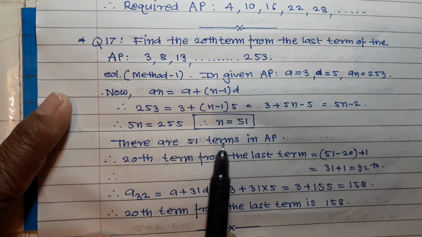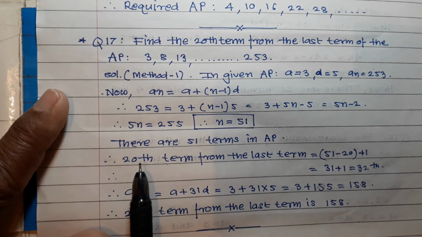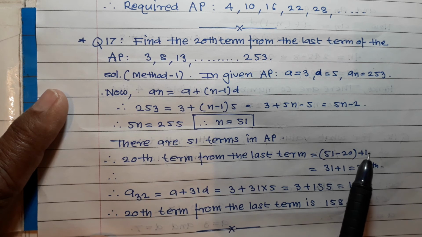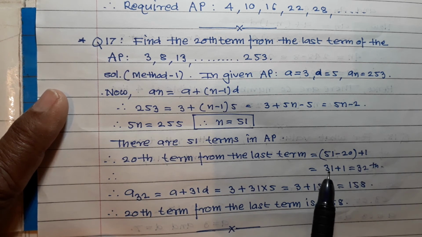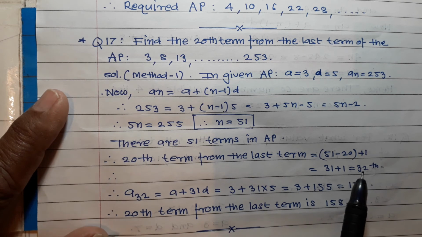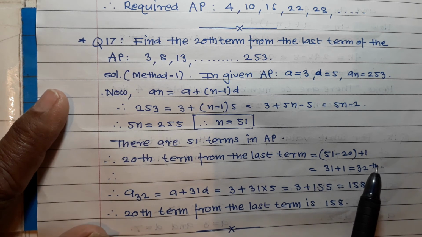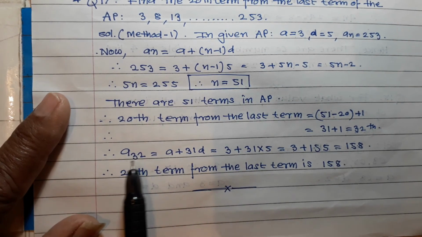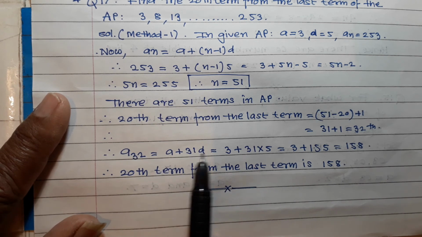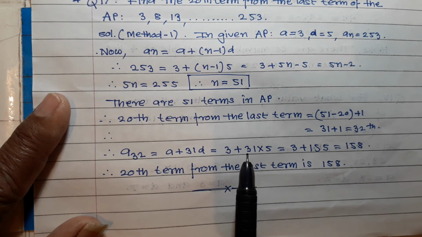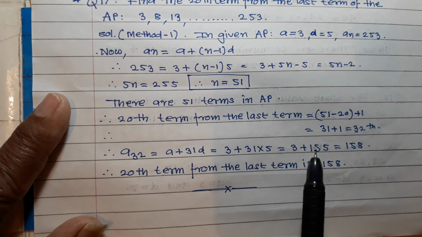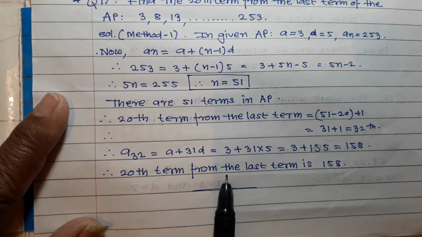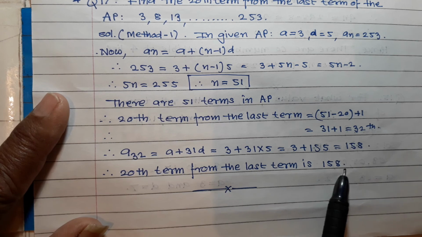Now there are 51 terms in the AP, and therefore the 20th term from the last term is 51 - 20 + 1, that is 31 + 1, the 32nd term. Then you find the 32nd term. So a32 = a + 31d = 3 + 31 × 5 = 3 + 155 = 158, and hence the 20th term from the last term is 158.